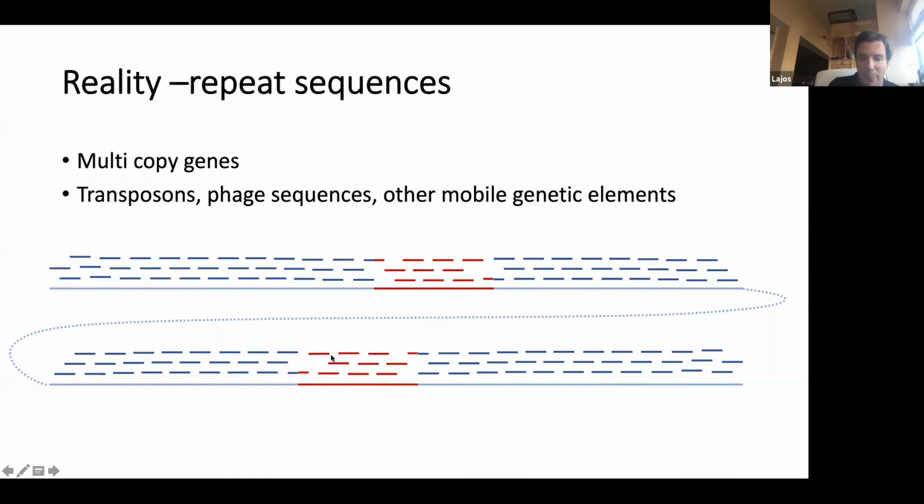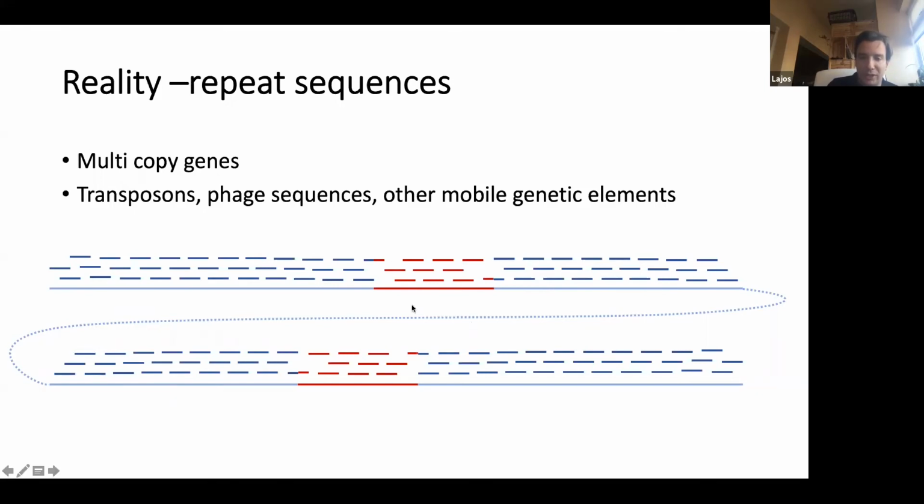Okay, so here you can see a blue line, one part of your genome, and then it continues to another part of your genome. Blue lines are always unique sequences, and these will be nicely extended. But the red sequence here is exactly the same as the red sequence here, because it's a multiple copy gene or a transposon sequence.